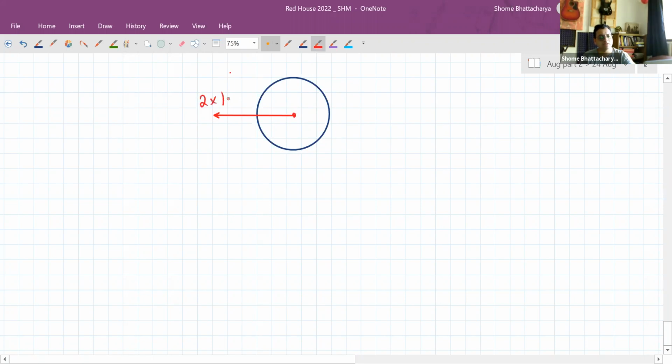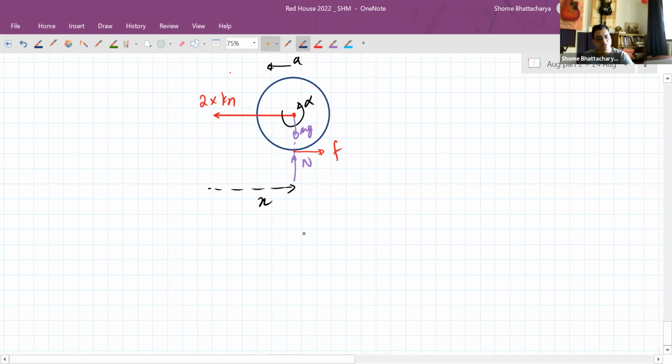It's 2 times kx, and therefore there will be friction acting like this at the point of contact. There will be mg and normal reaction, and these forces together will contribute to a situation where the acceleration is like this and alpha is like this, because the displacement was x in this direction.